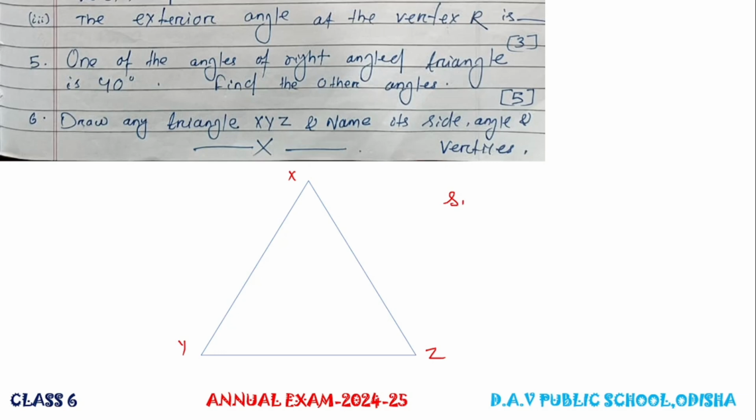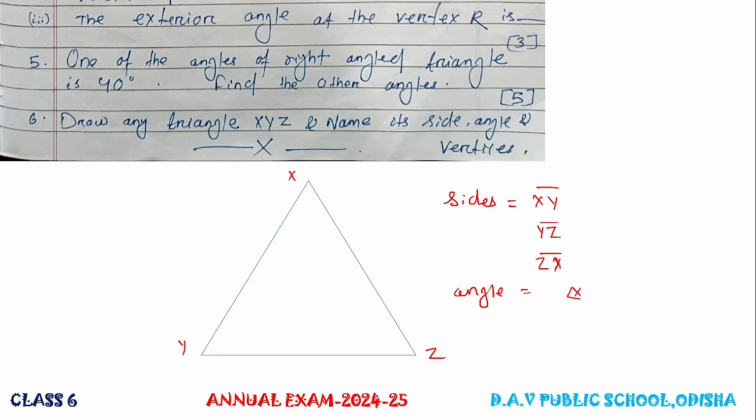So tell me the sides. The sides are first XY, second YZ, and ZX or XZ, in capital letters. Now angles.